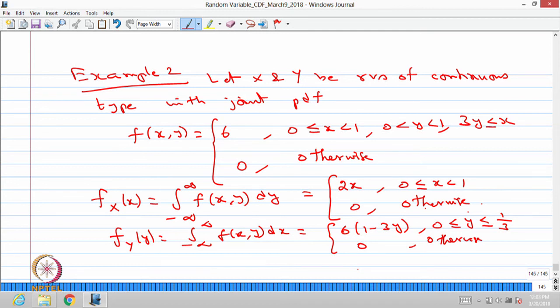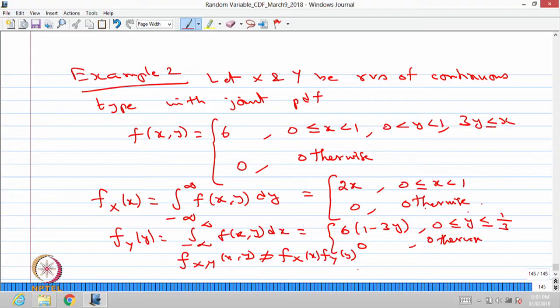By seeing the probability density function of x and the probability density function of y, this product is not going to be the joint. That means f of x comma y is not equal to the product of the probability density function of x and y.